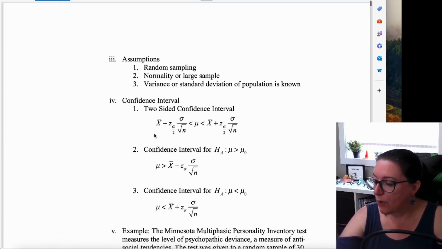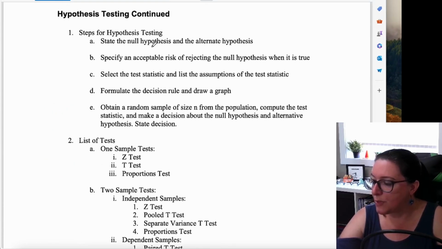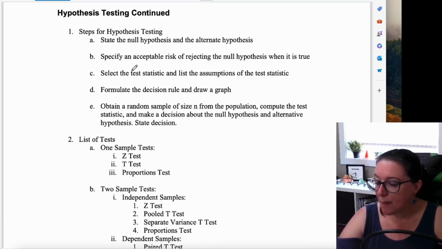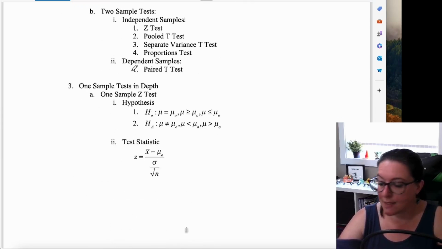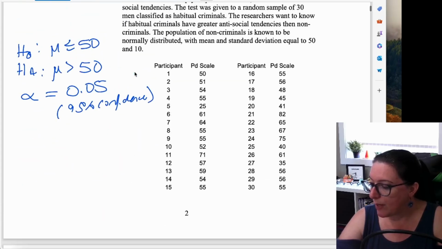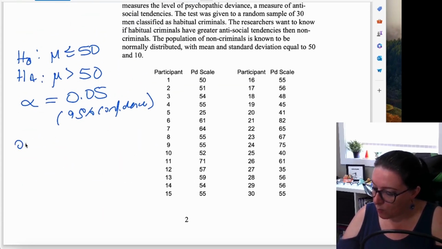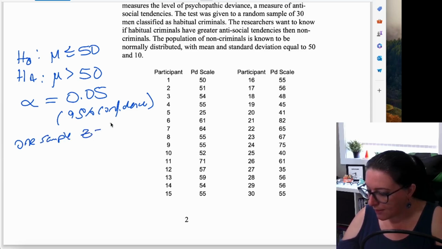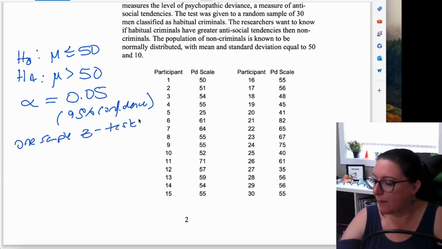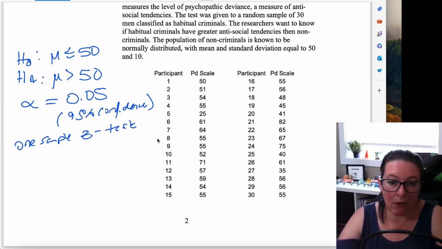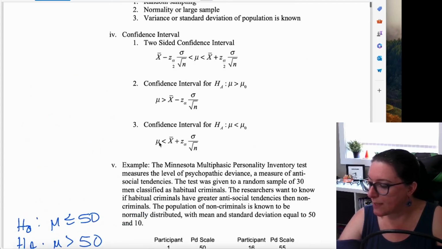All right. So step 1 was to state the null and alternative hypothesis. The second one was to specify an acceptable risk. Step 3 is to select the test statistic. And so here the test statistic is a one sample z-test. Okay. And we can just write out here that we're doing a one sample z-test.